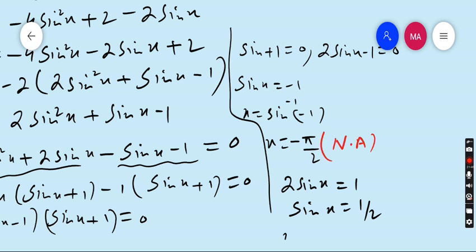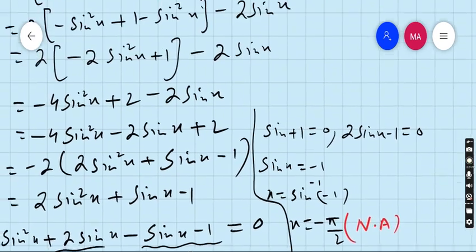Sin x is equal to 1 upon 2. x is equal to sin inverse 1 upon 2. Now see this.